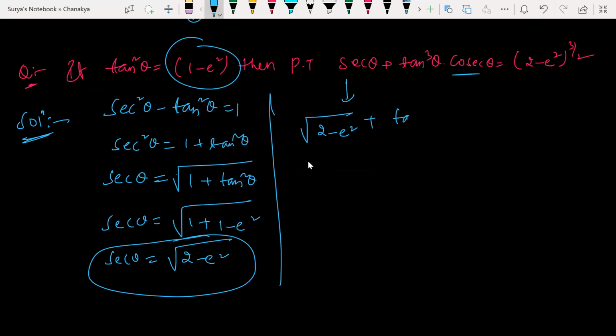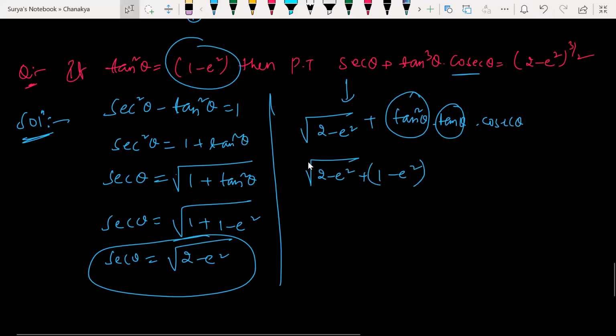This can be written as tan square theta into tan theta. Tan square theta, let tan theta be as it is. Tan square theta is what? 1 minus e square, isn't it?